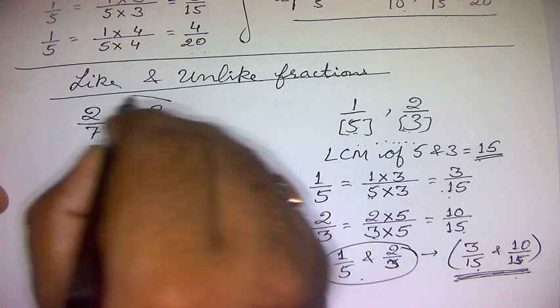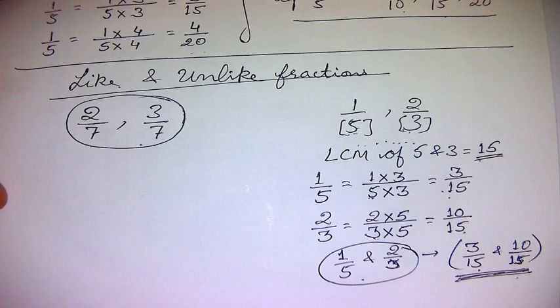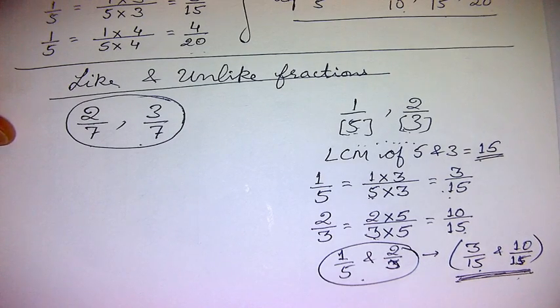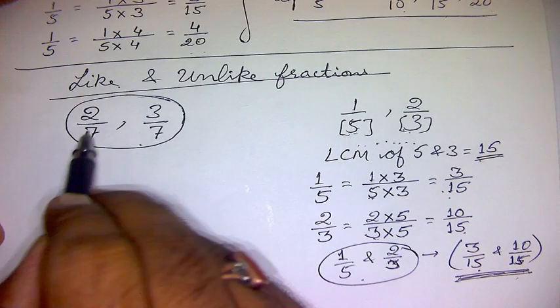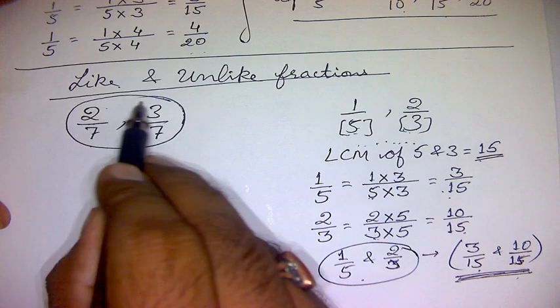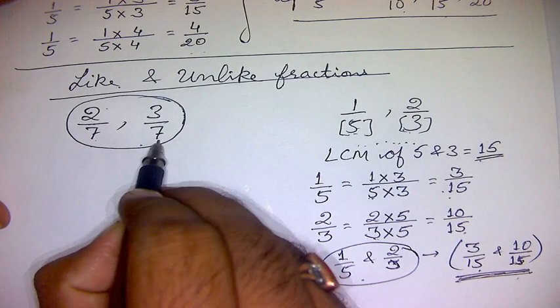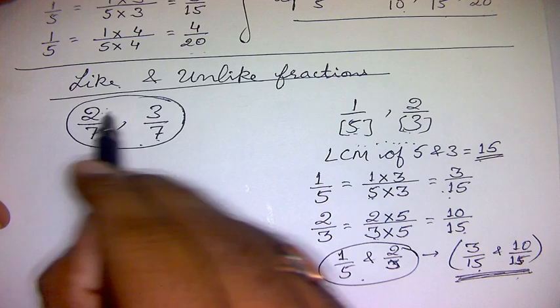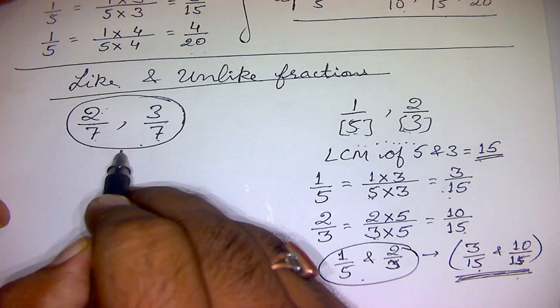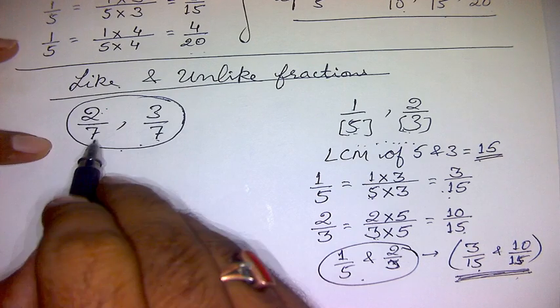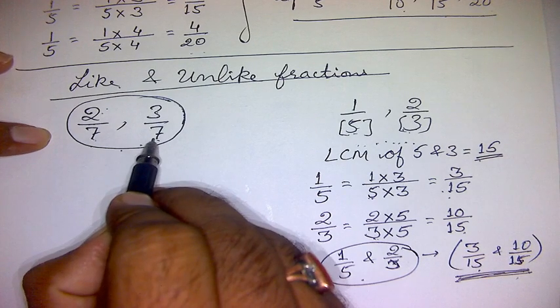Now, if the denominators are already equal, meaning the fractions are already like fractions, then you just need to compare their numerators. If the denominators are already equal, compare the numerators, and you will come to know which fraction is greater and which is smaller. If you see here, 7 is the same.